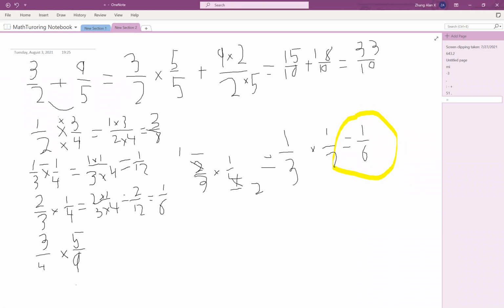Then, Caitlin, do you see any numbers we can simplify for 3/4 times 5/9? No. So we can simplify this way, this way, this way. So what two numbers could we simplify here?